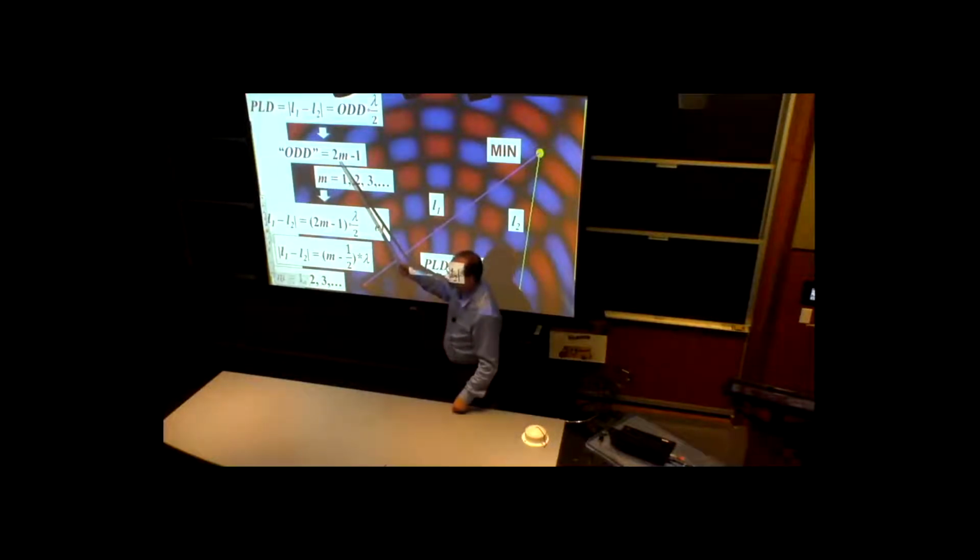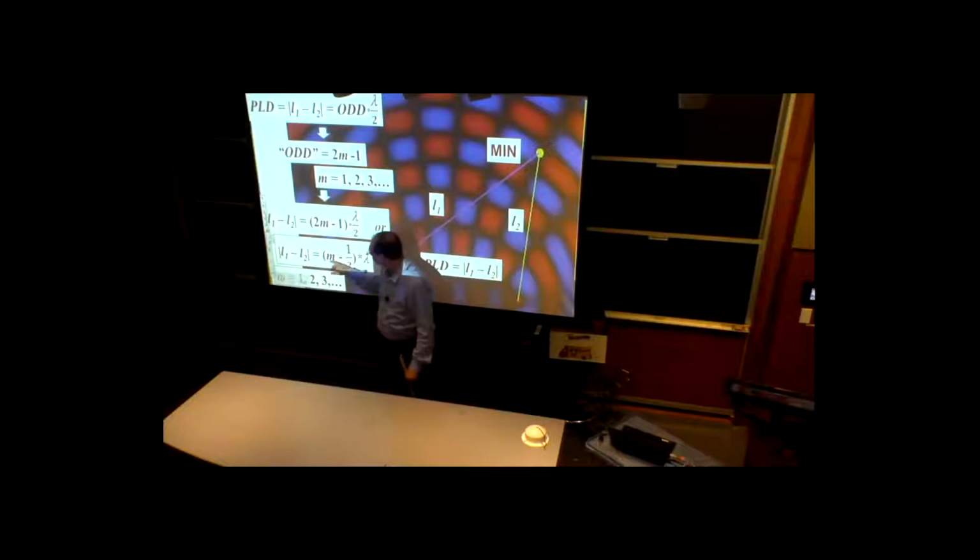And if we change this variable m, 1, 2, 3, 4, 5, this set of whole numbers gives the set of all odd numbers. Yeah. 2 times 1 minus 1, 1. 2 times 2 minus 1, 3. 2 times 3 minus 1, 5. So this is how we write it mathematically, and of course we just simplify it.